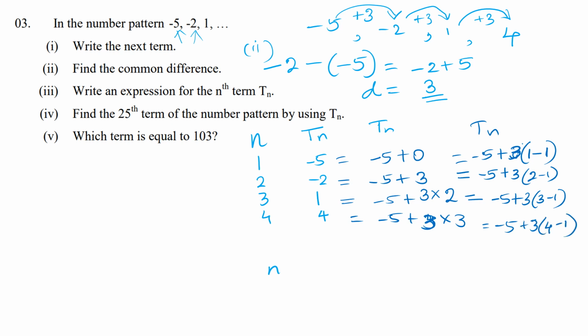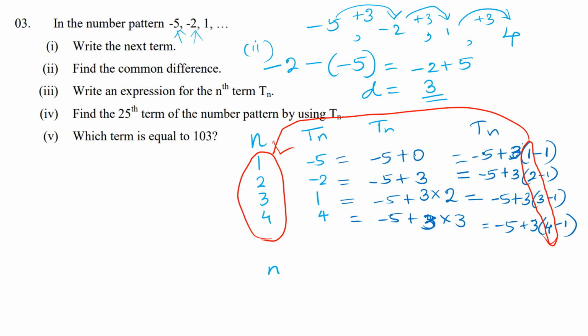And you have the connection with n. n has to be 1, 2, 3, 4, 5, something like this. These coincide with this, so instead of 1 you can write n, instead of 2 you can write n, instead of 3 you can write n, instead of 4 you can write n. So for n, this is Tn.